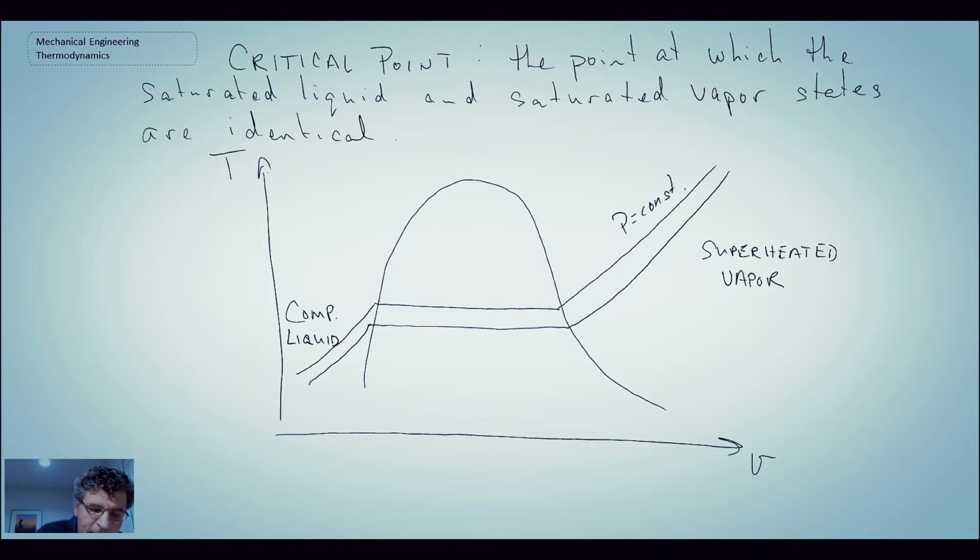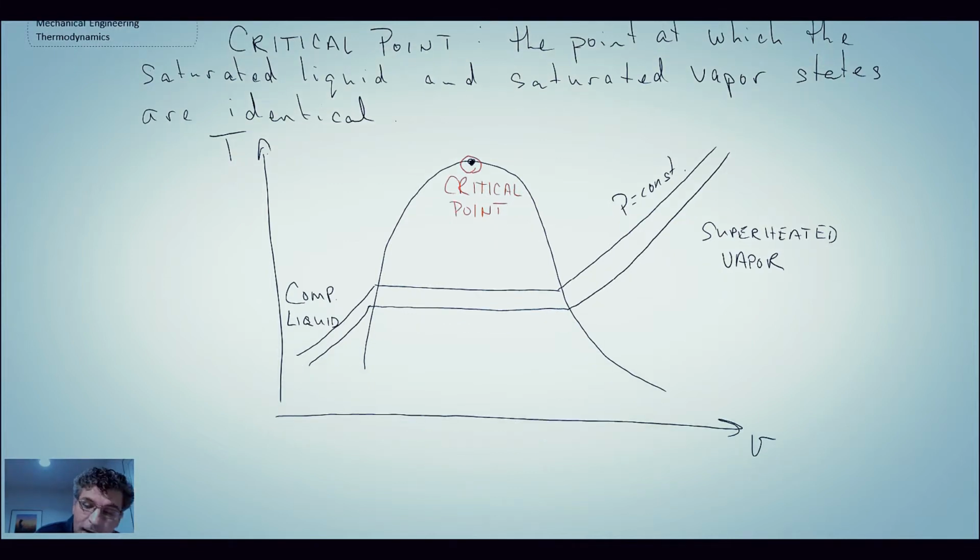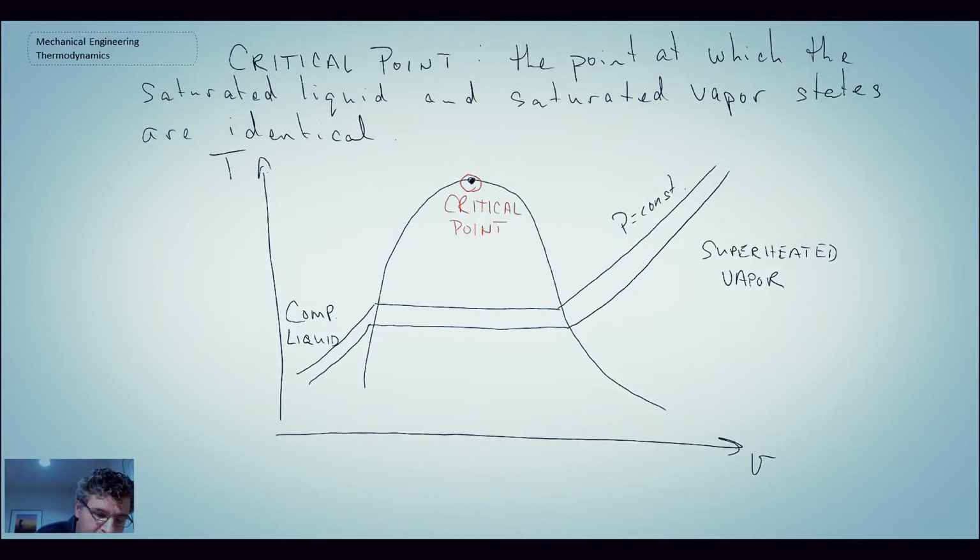Now, your critical point is up here. So this is your critical point. When you go above it, if you have a fluid at a certain pressure and you're heating it, it can actually exceed the critical point, in which case we refer to it as a supercritical fluid.